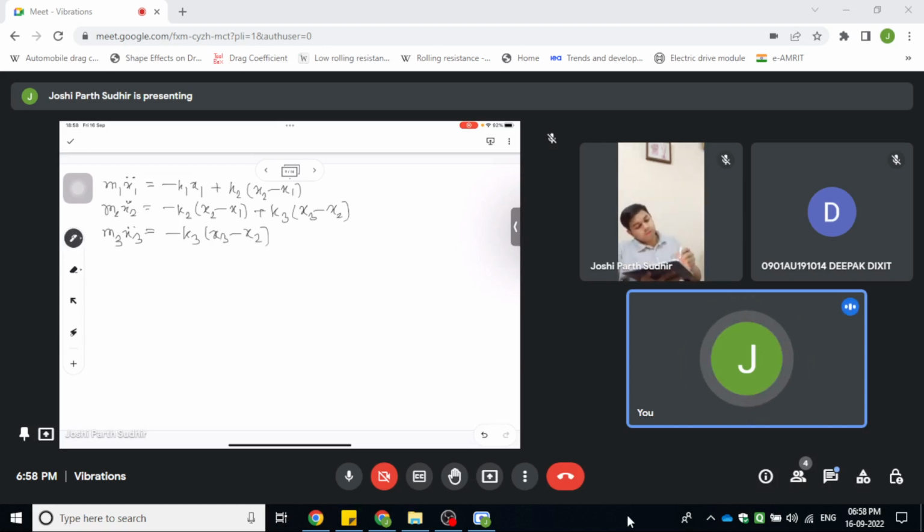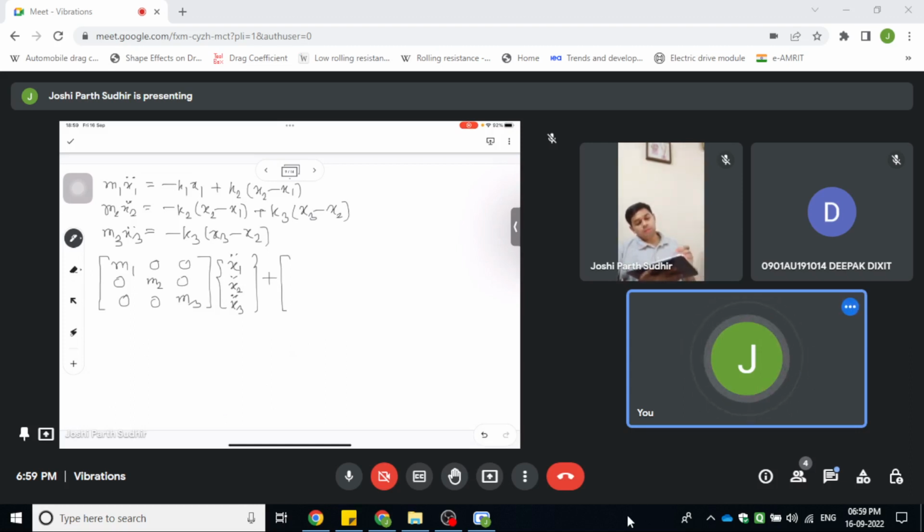So now if we just represent this in matrix form, we will get, so now if we have to write the stiffness matrix, we will have to club together the terms corresponding to x1, x2 and x3.